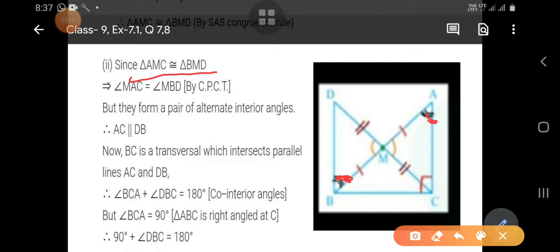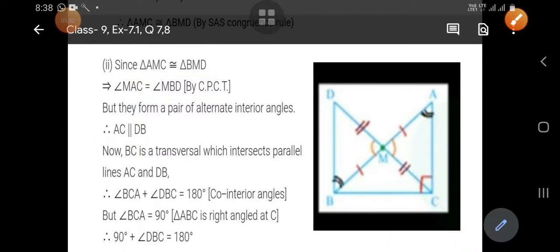So these two angles are equal, and they form a pair of alternate interior angles. If alternate interior angles are equal, then the line AC will be parallel to DB. So we can say that AC is parallel to DB.